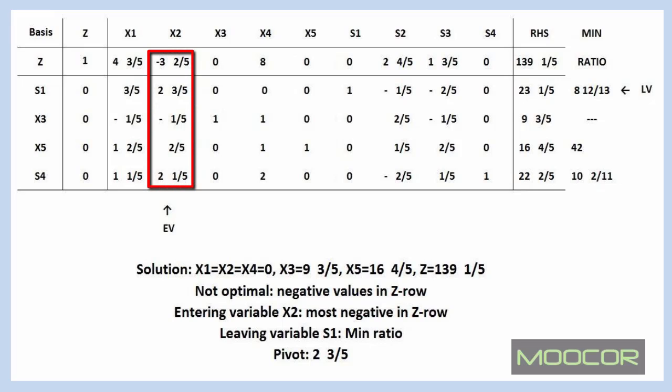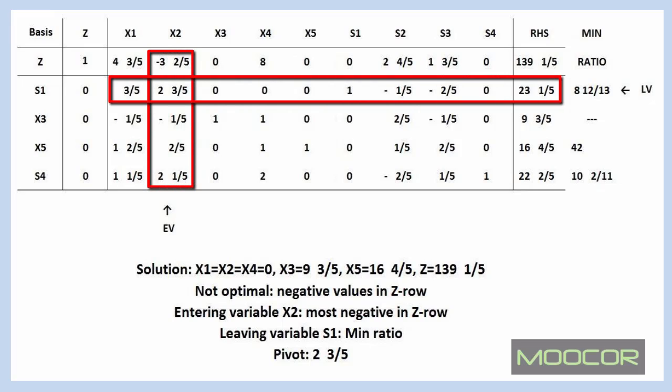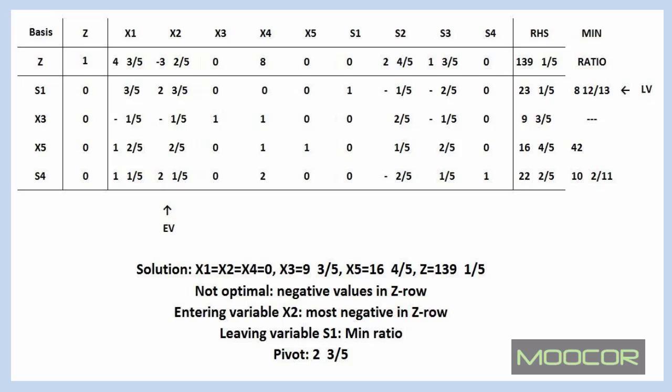Just look at the min ratio column and notice that on the second one I'm not actually calculating any ratio, because on the pivot column the number is -1/5 and it is negative. So I will perform another set of row operations, and I will move from this tableau to the next tableau.